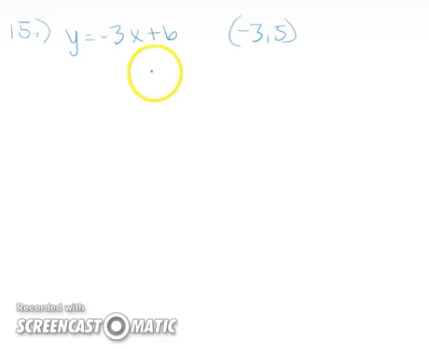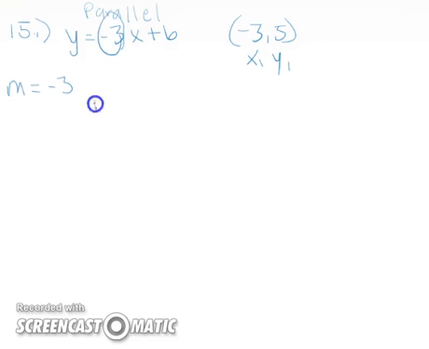Okay, well, I know if it's parallel that I'm going to have the same slope. So I'm going to pull this slope out. Essentially I have my m is negative 3, and then we have x1 and y1. So we'll go ahead and plug that into my equation. Y minus y1 equals m, and x minus x1.